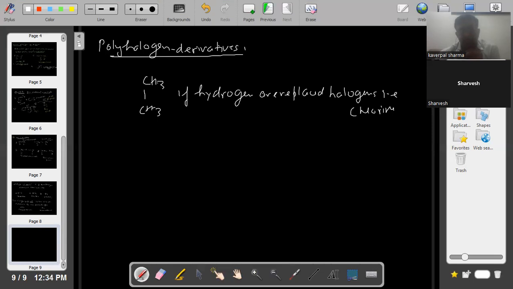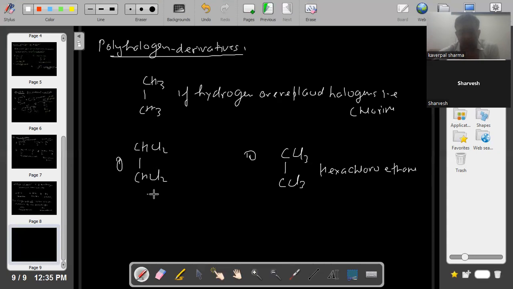Sir, one hydrogen or all hydrogens, sir? 1, 2, 3, all. CHCl2 here, CHCl2, only 2 hydrogens. You can replace all also. In the second case, CCl3, CCl3. This is called hexachloroethane: hexa, 6 chloro.